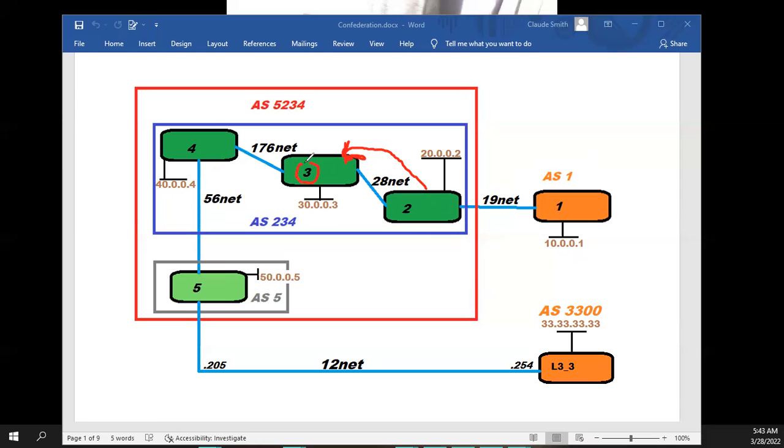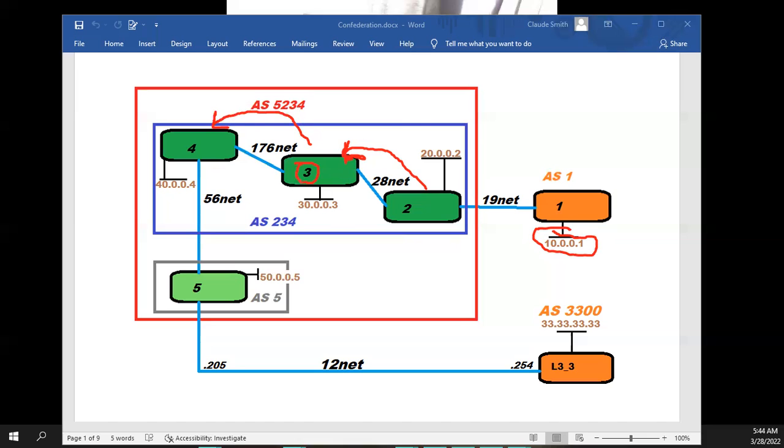In this iBGP environment, router number 3 has learned this update about 10.0.0.1 from router number 2. Since it has learned that information from router number 2, an internal speaker, it will not propagate that information to router number 4.